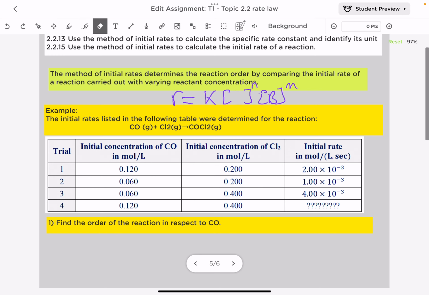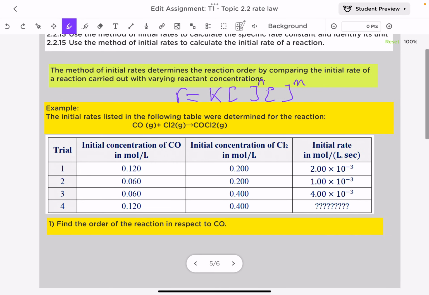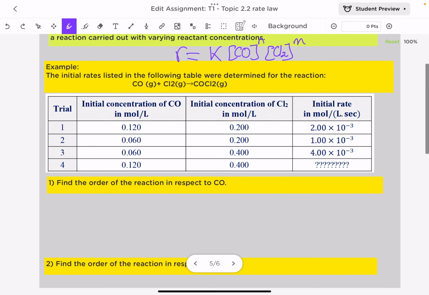So the reactants here are CO raised to a certain power that I don't know yet, and Cl2. How do I use this table? So first we work each reactant alone. The question here is directing you to start by finding the order with respect to CO. So now I need to find n.